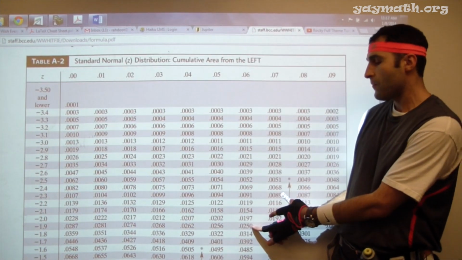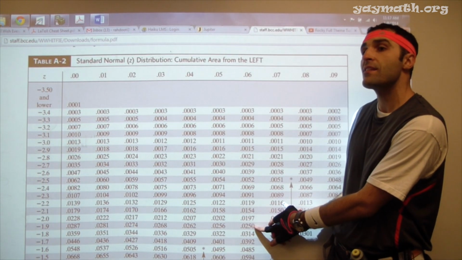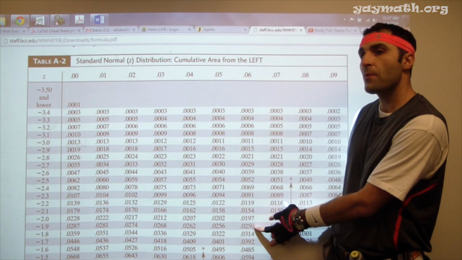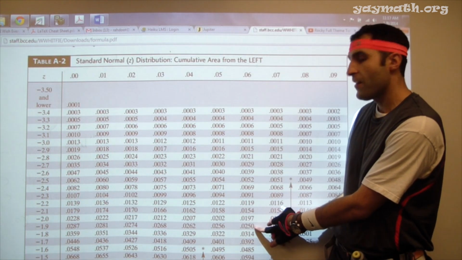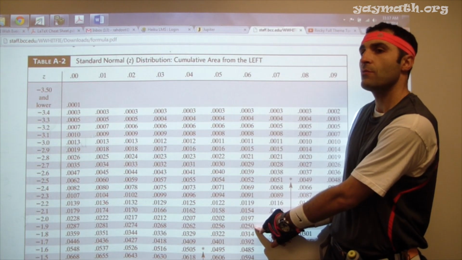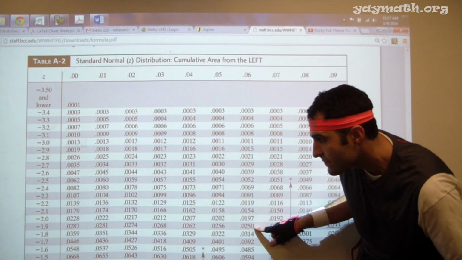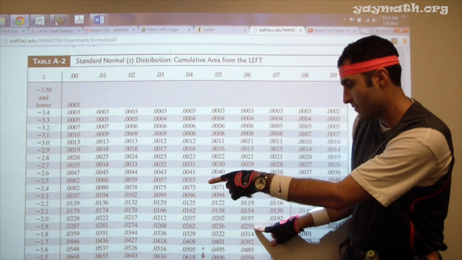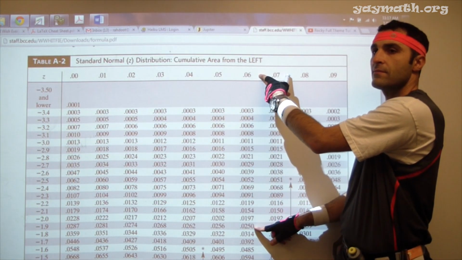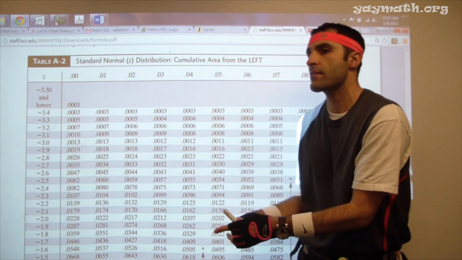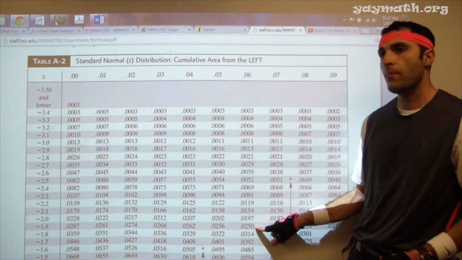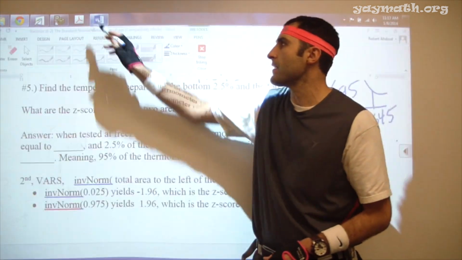Stay with us. An area of 0.025 to the left has what z-score with it? What z-score is associated with this area? Negative 1.96. Negative 1.96.